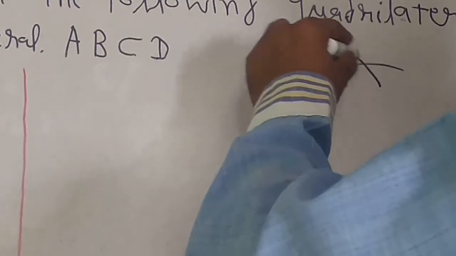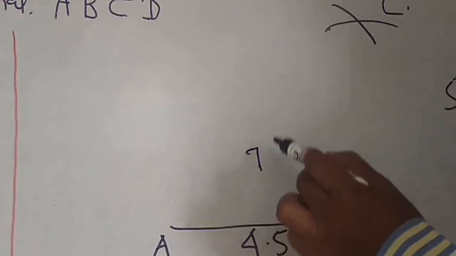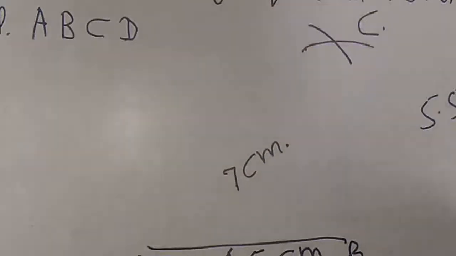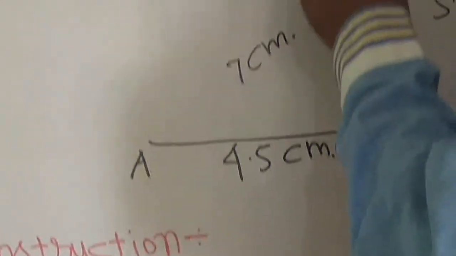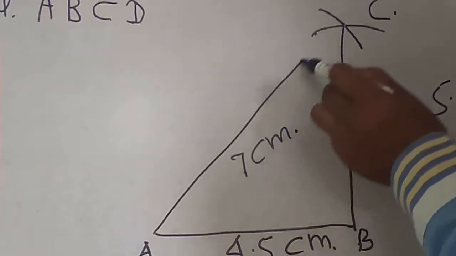It intersects our first arc at point C. Join BC and AC. Now we are joining B with C and A with C.